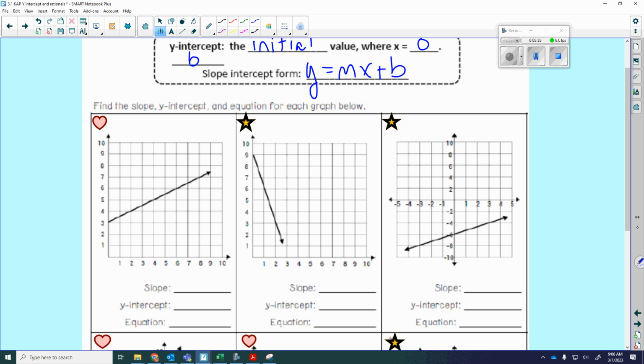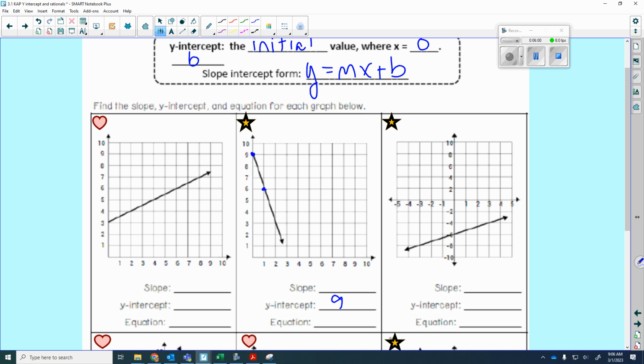Okay, so we're going to do this one in the middle here. First of all, what is the y-intercept? Easy peasy, right? Now how do we do slope? Rise over run. Pick another point, doesn't matter. That one right there.